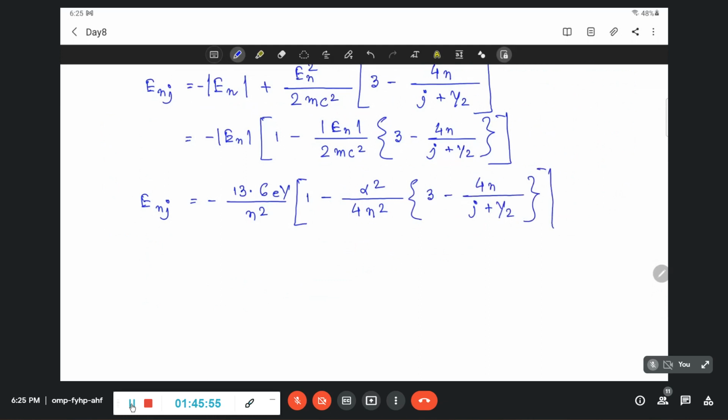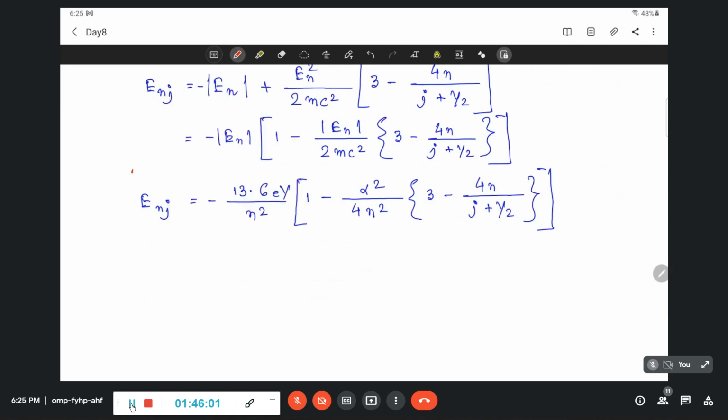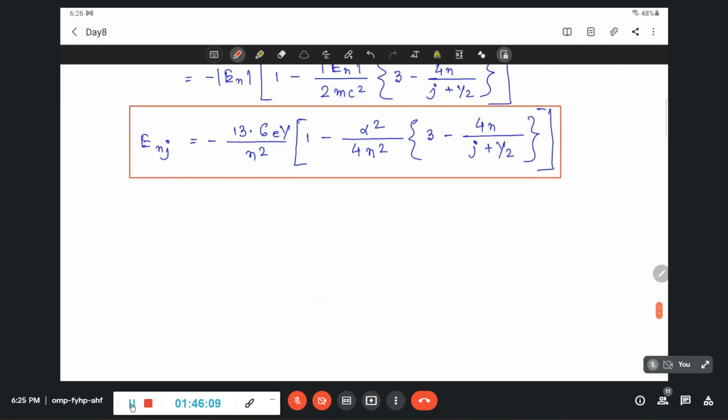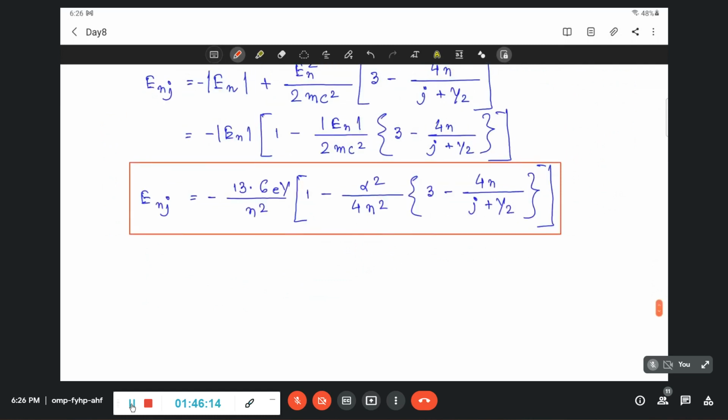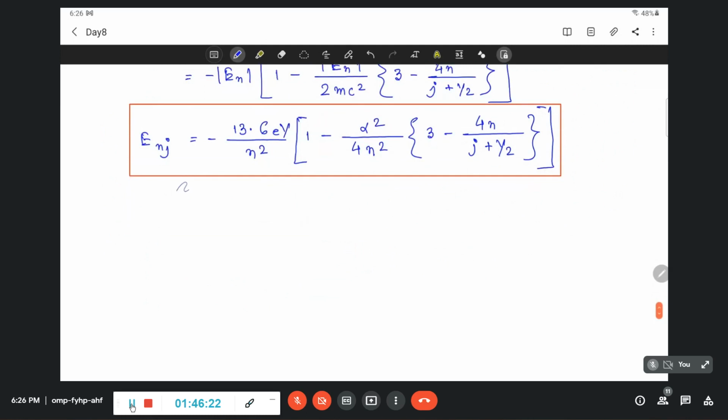So this alpha, what we have done over here, is nothing but the fine structure constant. This alpha by 4n squared, what is this alpha?